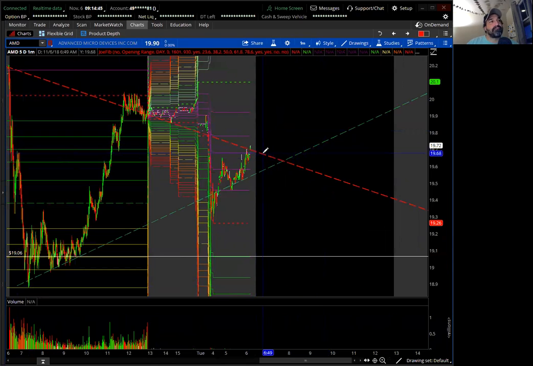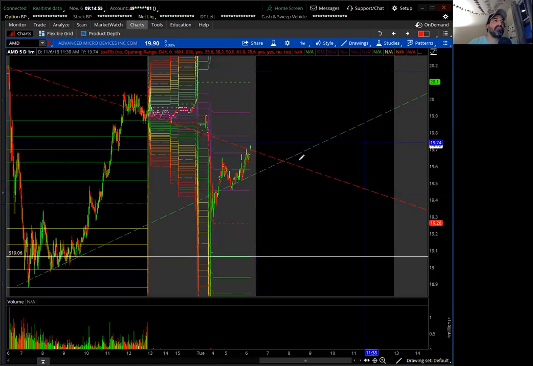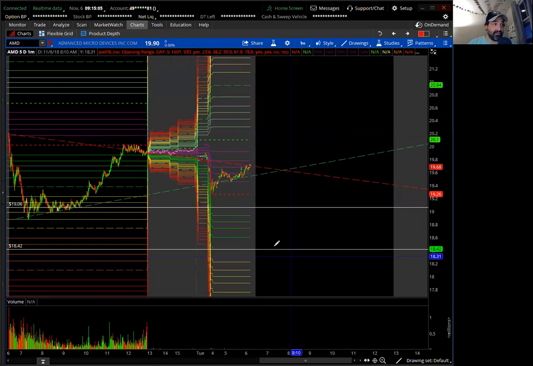With AMD, if it can stay above this resistance line, I can see it popping up to around the $20.10 mark. Most likely, though, my money's on this thing breaking back below this resistance line and seeing it drop all the way down around 1906, and then possibly down here around the 1842.